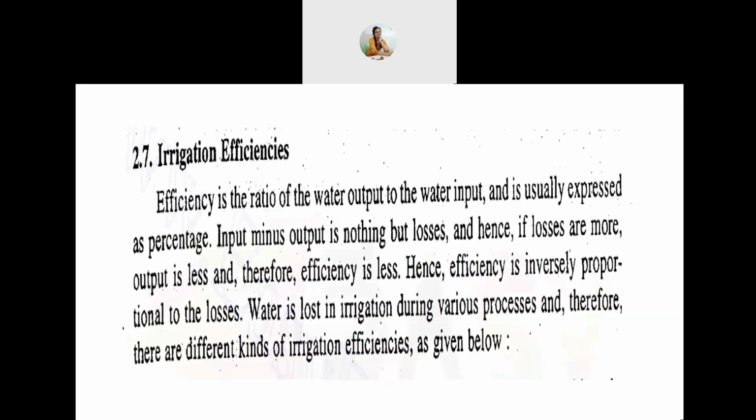Input minus output is nothing but losses, and hence if losses are more and output is less, efficiency is less. Hence efficiency is inversely proportional to the losses. Water is lost in irrigation during various processes, and therefore there are different kinds of irrigation efficiencies, which are discussed in our next slides.